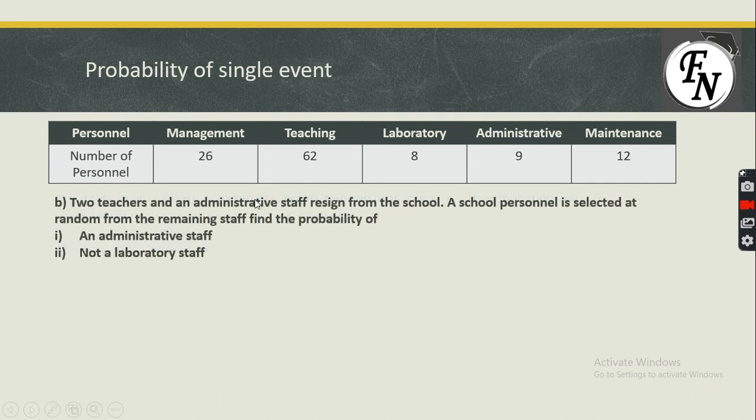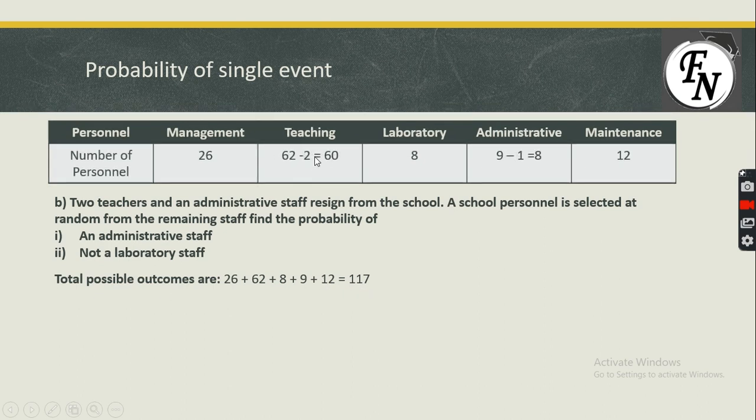Talking about case B, we have been given that 2 teachers and an admin staff resign from the school. That means 2 teachers are less now, so it is 60 teachers. And 1 admin staff member has left, so that makes it 8. In the previous case, when we added them up, it was 117.